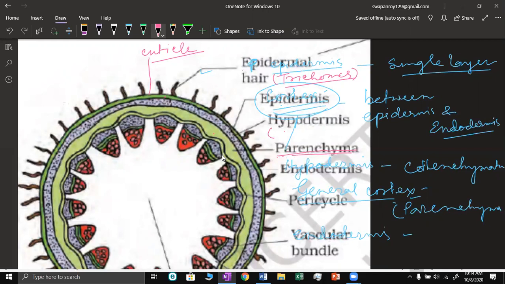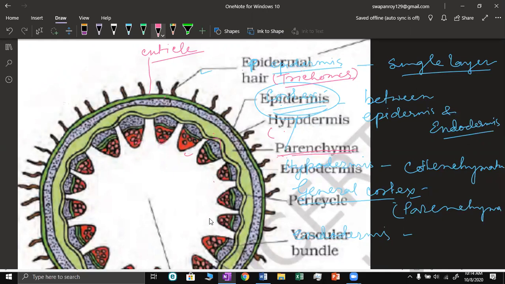Inner to the parenchymatous cortex is the endodermis, and inner to the endodermis is the pericycle, the wavy layer it is showing. And these are the vascular bundles.